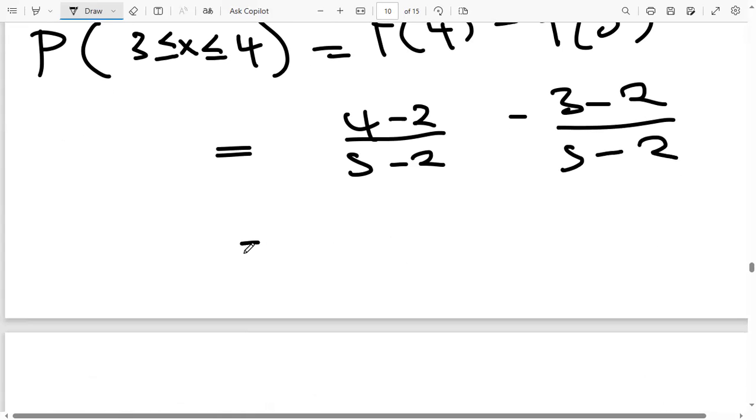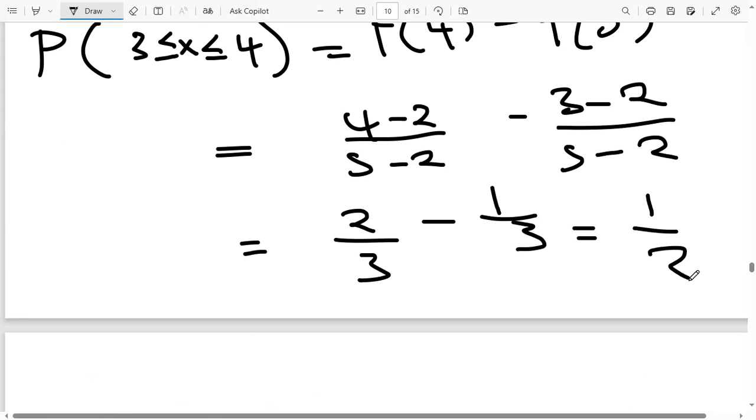Okay, so from here we have common denominators. We're going to have 2 over 3 minus 1 over 3. And then when we subtract this, it will just be 1 over 3. So this is the probability of the weight of the babies to be between 3 and 4.